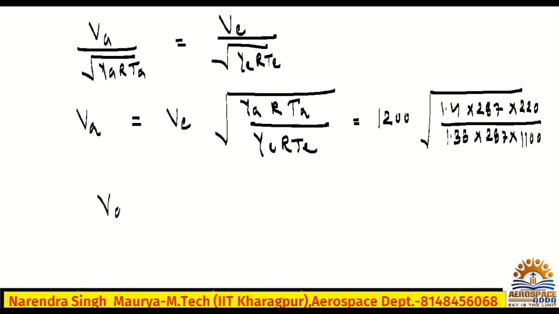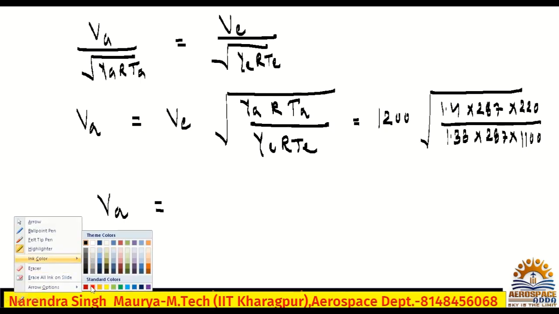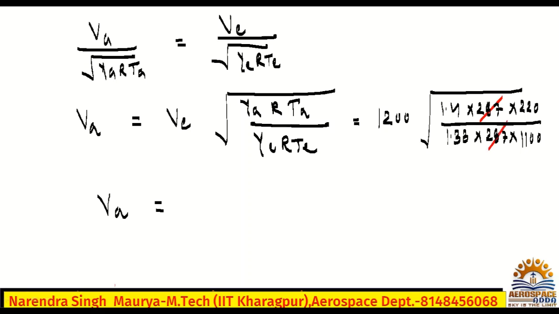So we'll calculate this value. First of all, 287 will cancel out. So this is nothing but 1200 into the root of 1.4 into 220 divided by 1.33 into 1100.